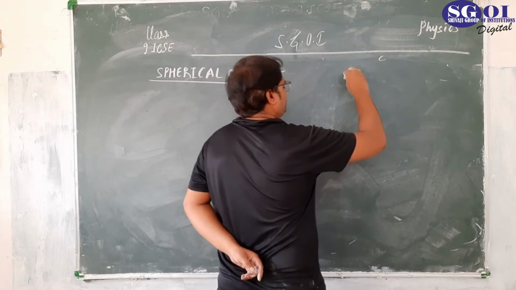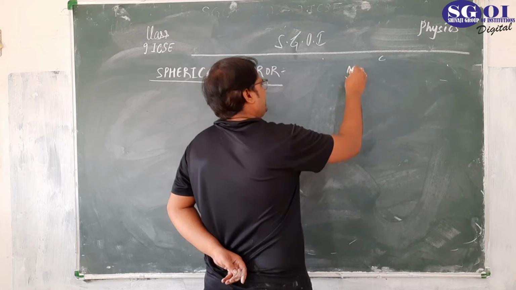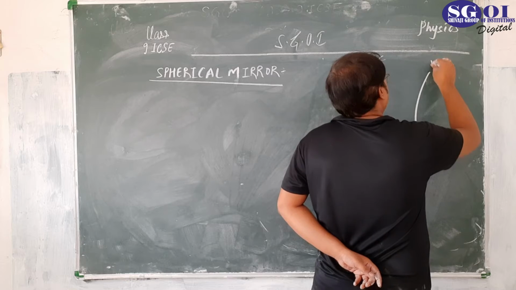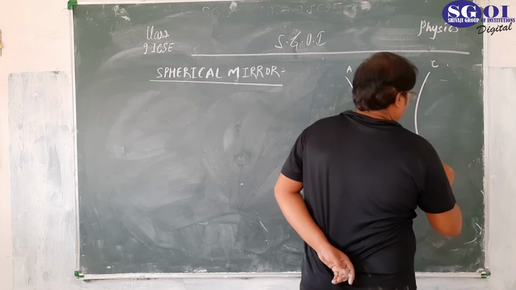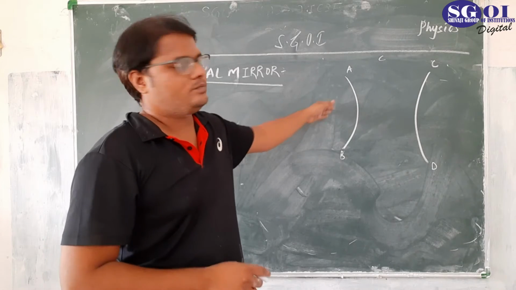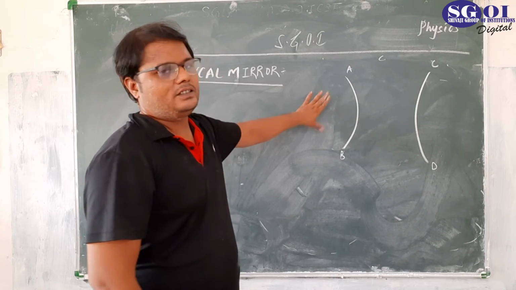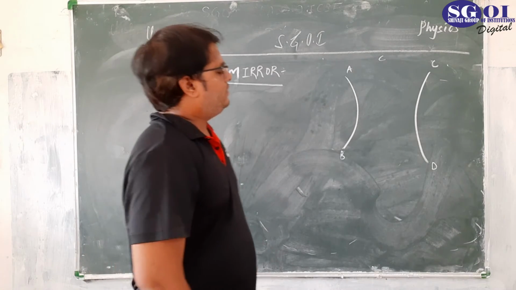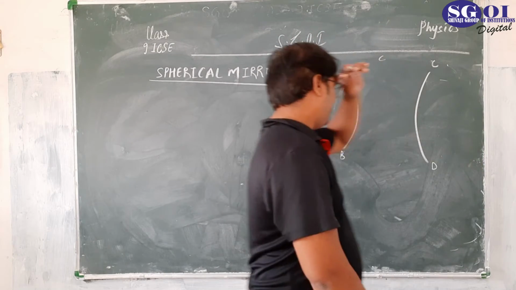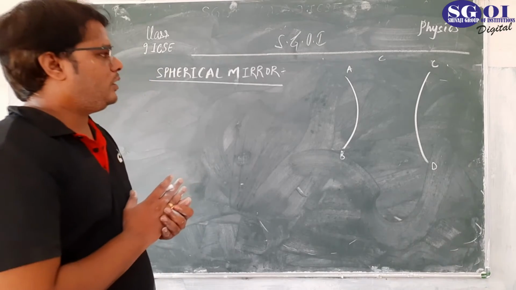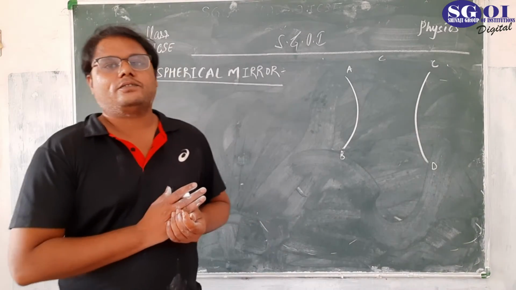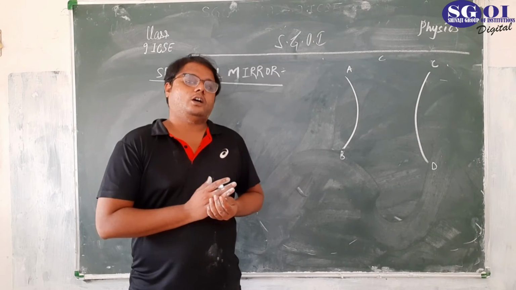For example, we are taking two glass surfaces which are transparent in nature, AB and CD. For surface AB, our inner side is this one towards left, and for surface CD, our inner side is towards right. Now for polishing the surface, you have two options. You can either polish on the inner surface, or you can polish on the outer surface.